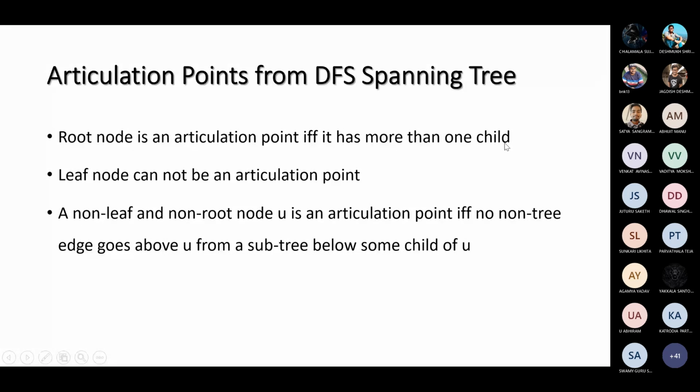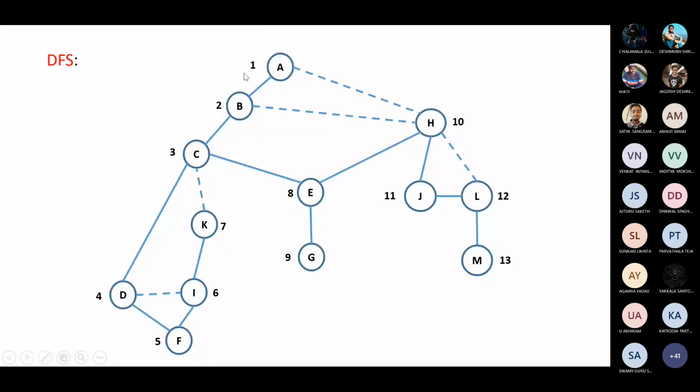Here the root node is not an articulation point. Why? Because it has, in a normal graph, more than one child. Sorry.